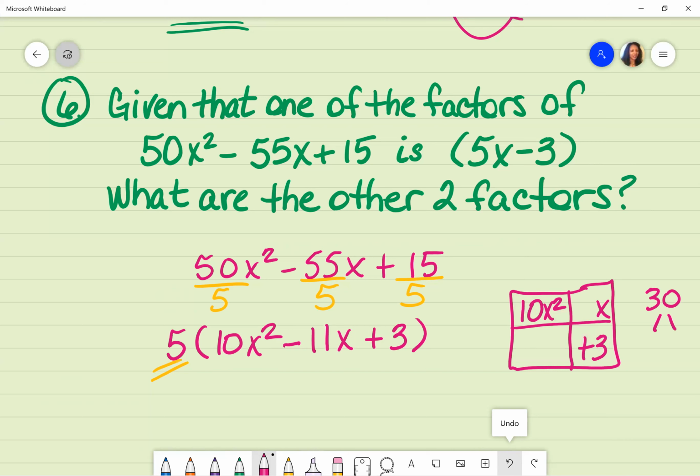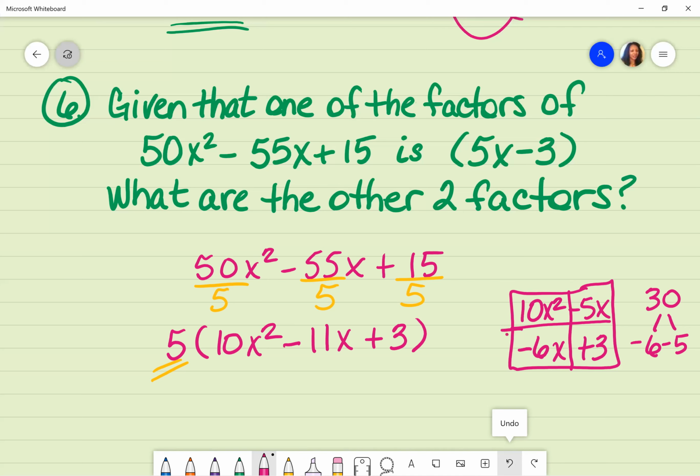So I know I'm going to put the x here. I can think of 6 and 5, but if I use positive 6 and 5, I'm going to have a positive 11. I don't want a positive 11, so the same signs would have to be the case. Negative 6 plus negative 5 is negative 11, and it multiplies to give me a positive 30. So that's what I'm going to put here: negative 6 and negative 5.